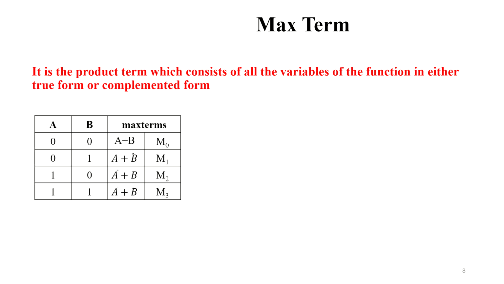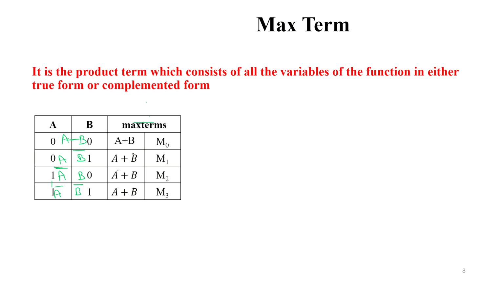If you want to write the maxterms, you can write like this. For writing the maxterm, 0 is considered as a variable itself and 1 is considered as complemented, because this is the maxterm, the POS representation. So you can see here, this would be A, B, and A, B bar, and A bar, B, and A bar, B bar.